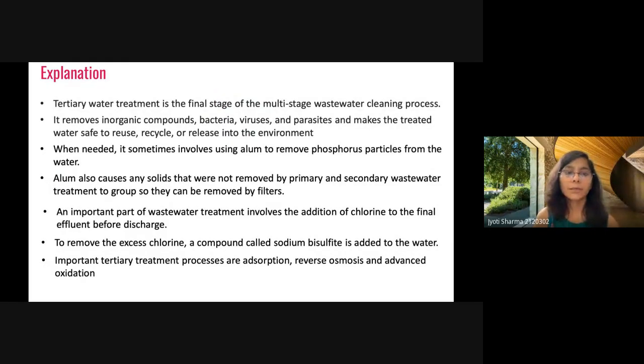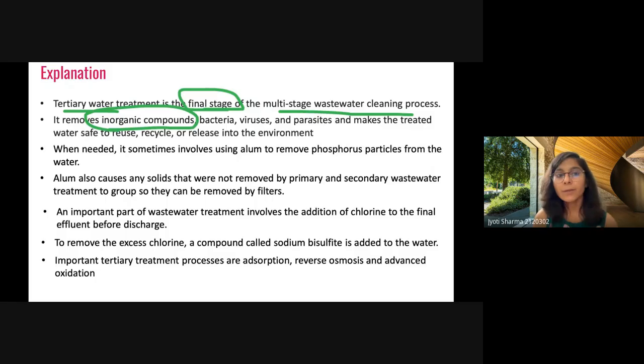So here, tertiary treatment is the final stage, and we do have multi-stage cleaning processes. And here we will remove inorganic compounds. In secondary treatment, we removed mostly organic compounds, right? But in tertiary, we will remove inorganic compounds, bacteria, viruses, parasites, and make the treated water safe to reuse, recycle, or release into the environment.